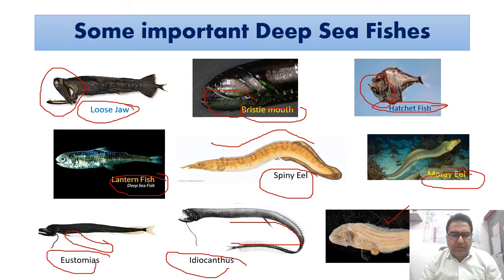Besides these fishes, many others are particularly modified to live in the deep sea waters, and certain ones bear bioluminescent organs in order to attract prey as well.